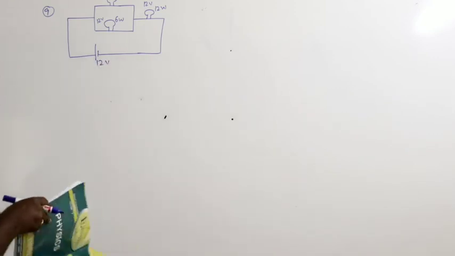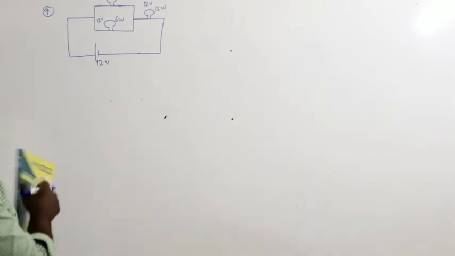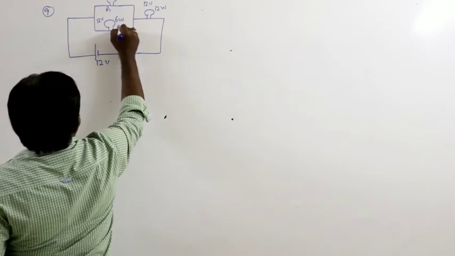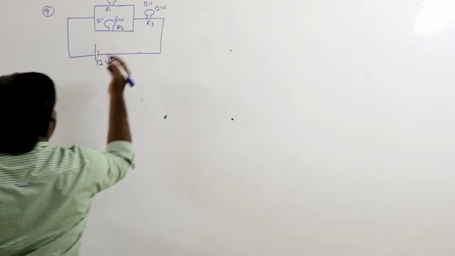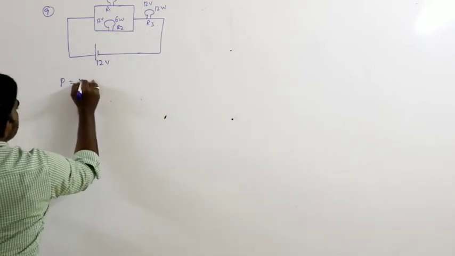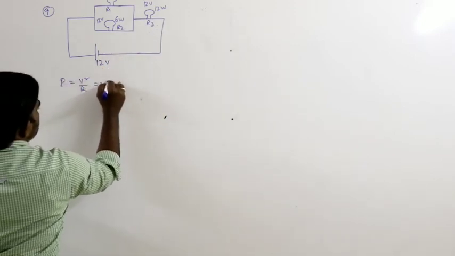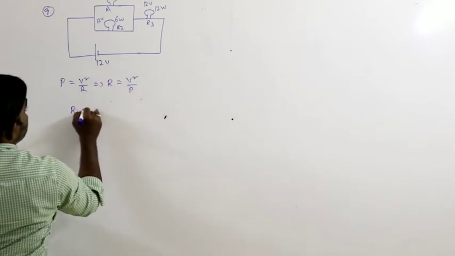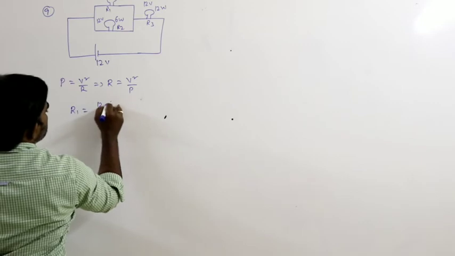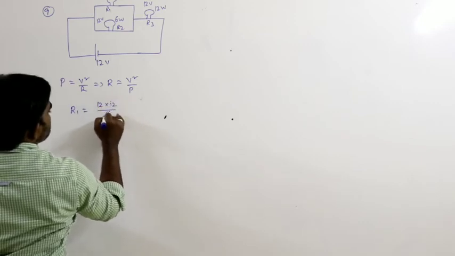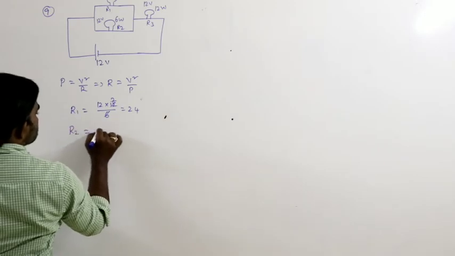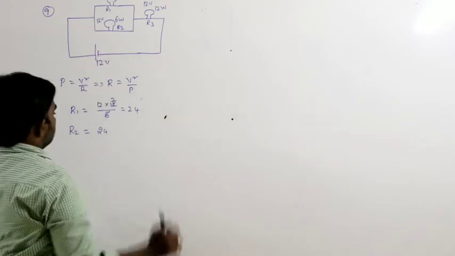So what is the resistance? Let us say R1, R2 and R3. Power can be written as V square by R, so R can be written as V square by P. First R1, V is 12, so 12 into 12 divided by 6, that is 24. Similarly R2 is also 24 because it is also 12 volts, 6 watts.